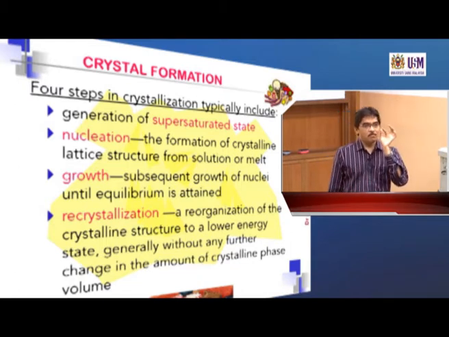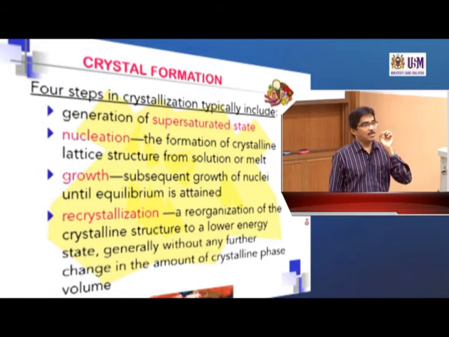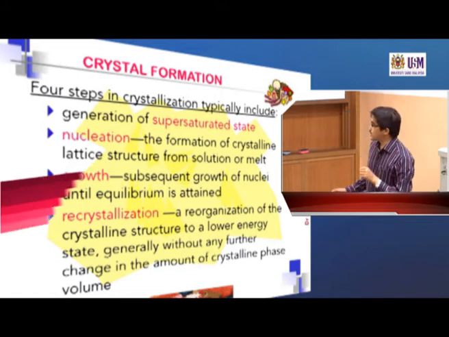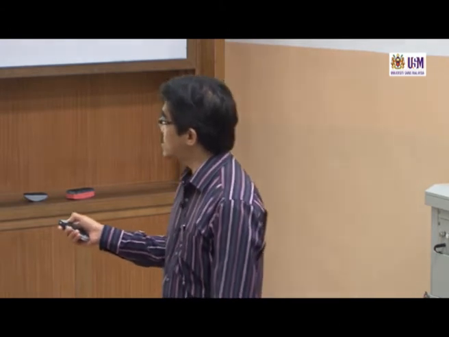Yeah? Now, when we get to the supersaturated state, then the first point where the crystals start to form is a nucleus. So the process of nucleation, the formation of crystalline lattice structure from solution or from melt. Lattice structure, remember, the unit in the crystal. Then, just like when the baby forms, not baby yet, in the womb, it will grow bigger and bigger.